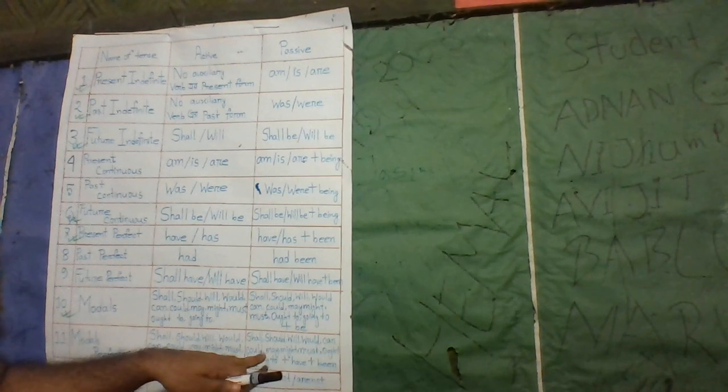If you find could have in the passive sentence, it will be could have been. Now, if you find do not or does not in the active sentence, in the passive sentence there will be am not, is not, are not. And last of all, if you find did not, it will be was not or were not in the passive sentence. Okay.